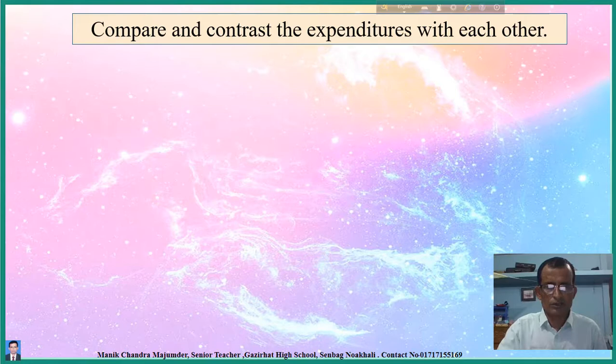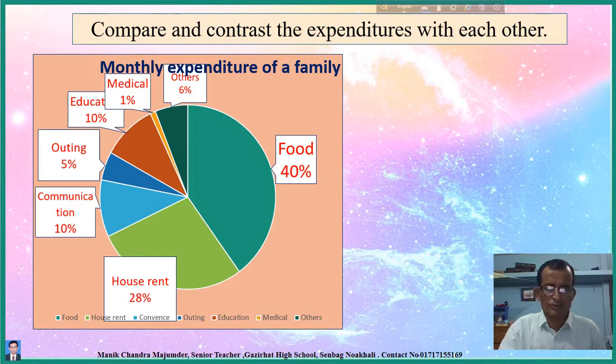Dear students, now we will compare and contrast the expenditure with each other. You can see food sector covers 40% area of the pie chart and house rent covers 28%. So we can describe pie chart reveals food sector is greater than house rent sector.